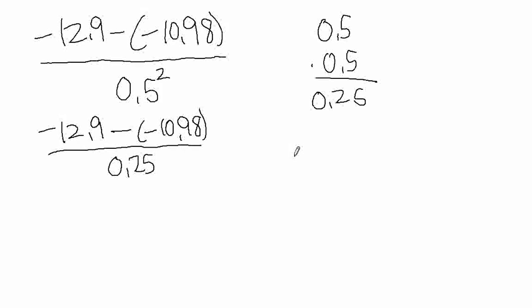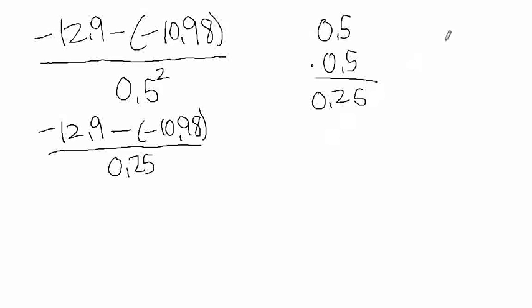Now, let's take care of the numerator next. So we are subtracting a negative number, so that's the same as adding a positive number. So let's find negative 12.9 plus 10.98. That's going to be a negative number.